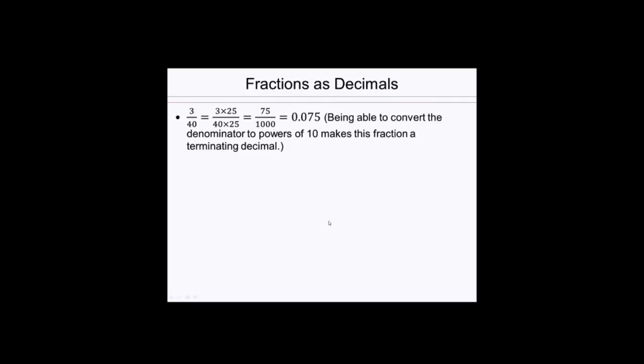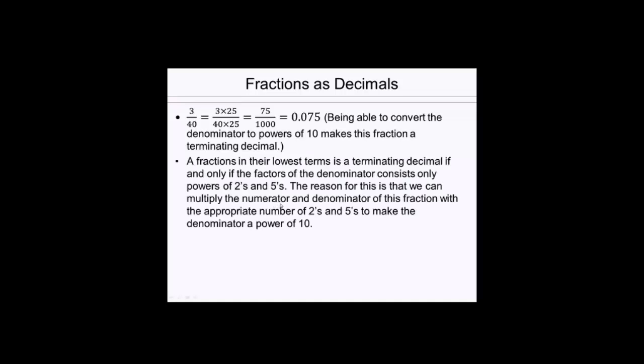For example, if you look at a fraction as a decimal, one way to convert fractions to decimals is long division. But if you have nice denominators so that multiplying by powers of 2s and 5s allows you to create a power of 10 on the bottom, you'll end up with decimal numbers. A fraction in lowest terms is a terminating decimal, like you see here, if and only if the denominator factors consist only of powers of 2s and 5s.